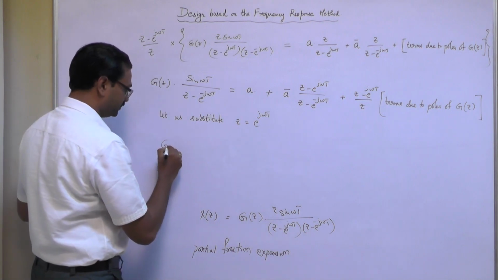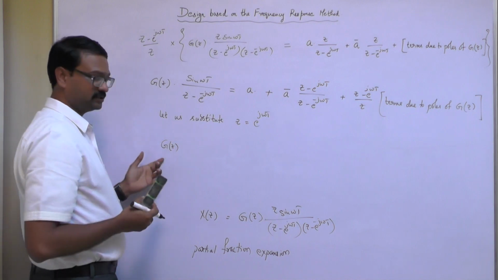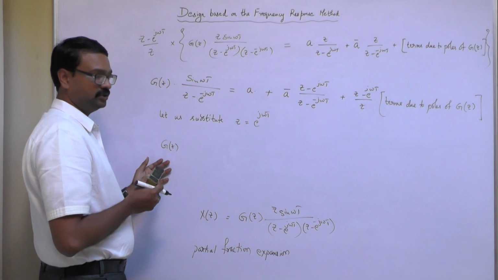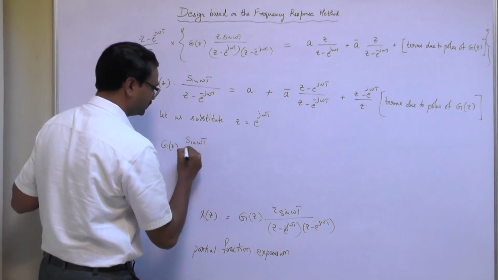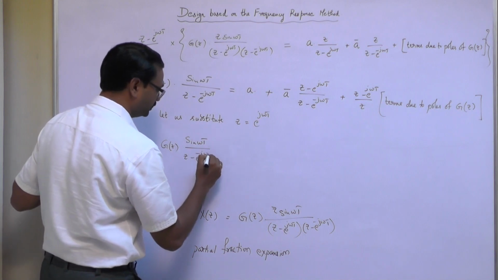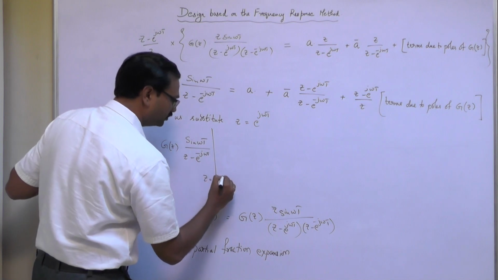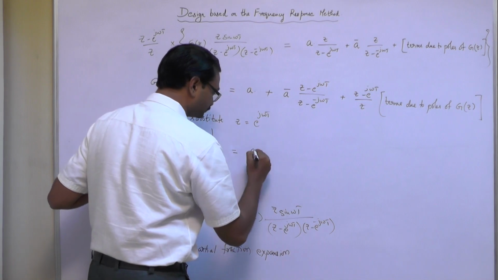The left hand side I will leave as such, because g of z is a stable system and we are substituting z equal to e power j omega t. Hence I will have g of z into sine omega t by (z minus e power minus j omega t), where z is equal to e power j omega t. We will look into this at a later stage. First we will go to the right hand side.